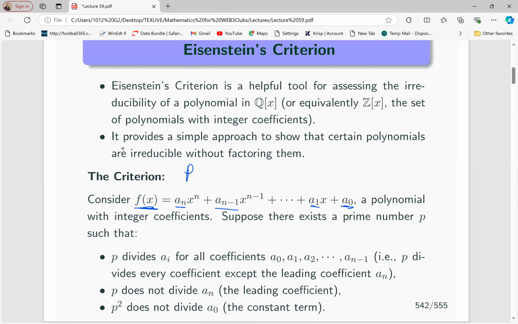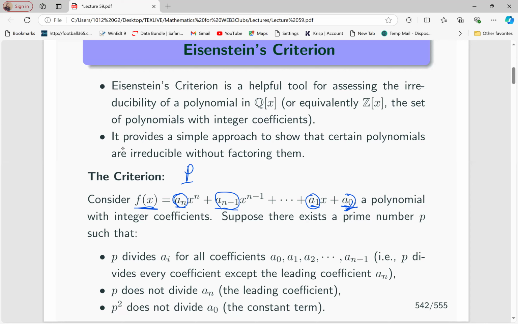But if it can be obtained, then this prime number should be able to divide this constant term, divide all these coefficients, but it should not be able to divide the leading coefficient. So you think of a prime number that can divide this constant term.